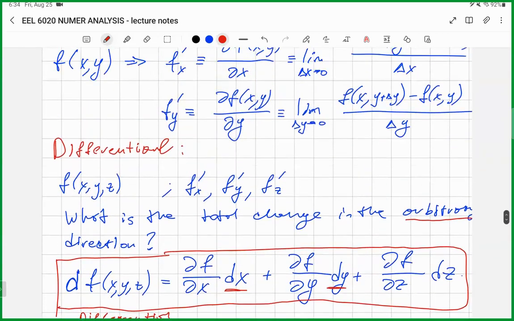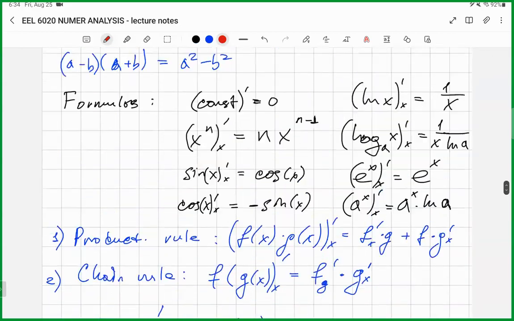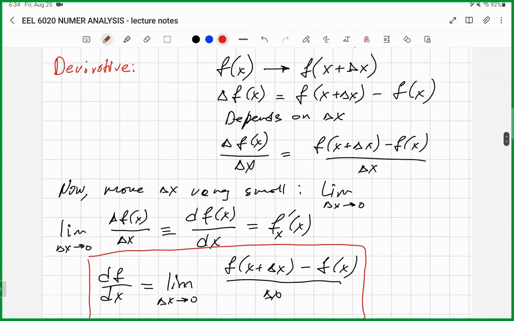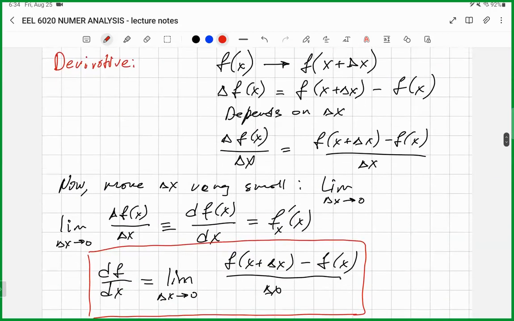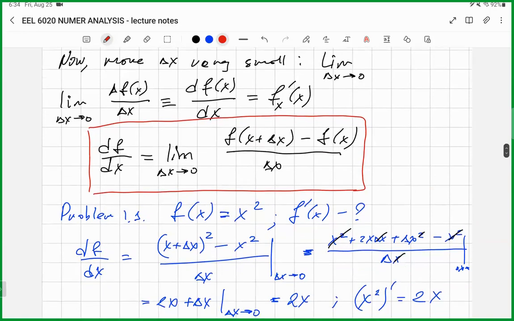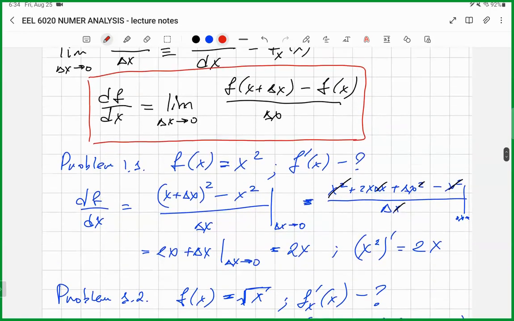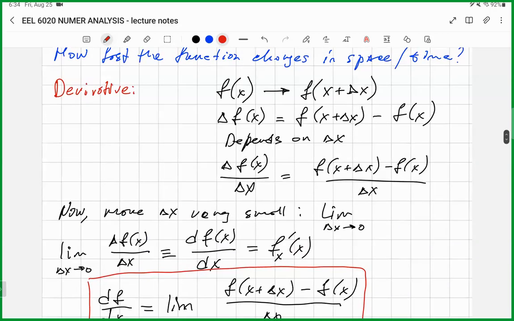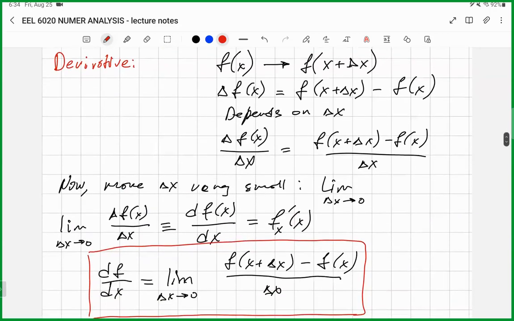Small change in x. Let me go up to the point where we discussed that. Here. Basically, delta x, when it goes to 0, turns into dx, and the same for dy and dz.